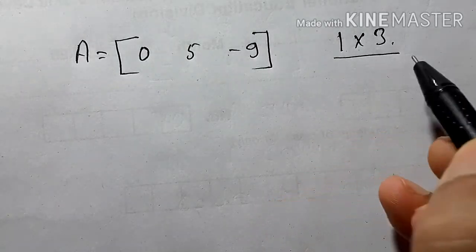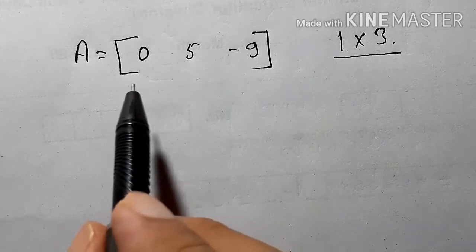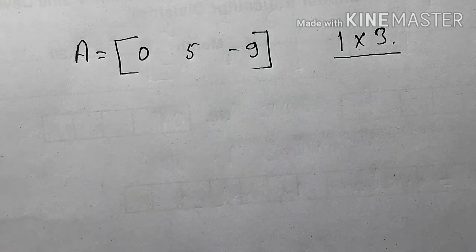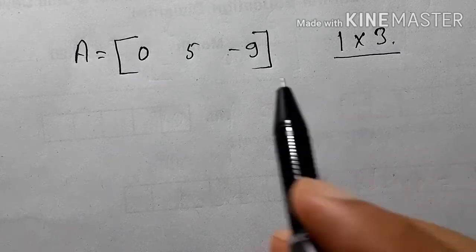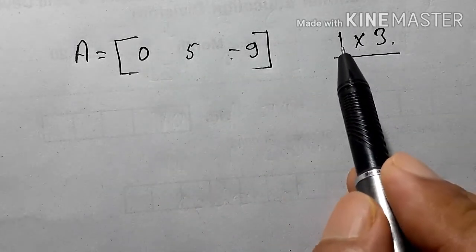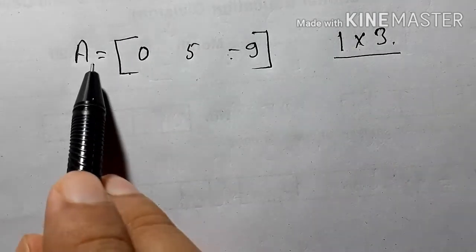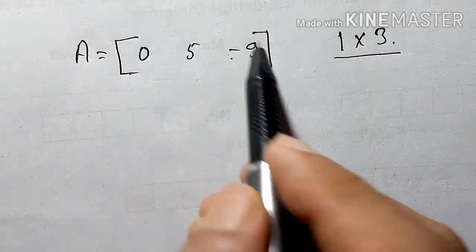I have already discussed it. These types of matrix are known as row matrix, since it is like a row. The order is 1 into 3: 1 represents the number of rows, 3 represents the number of columns.